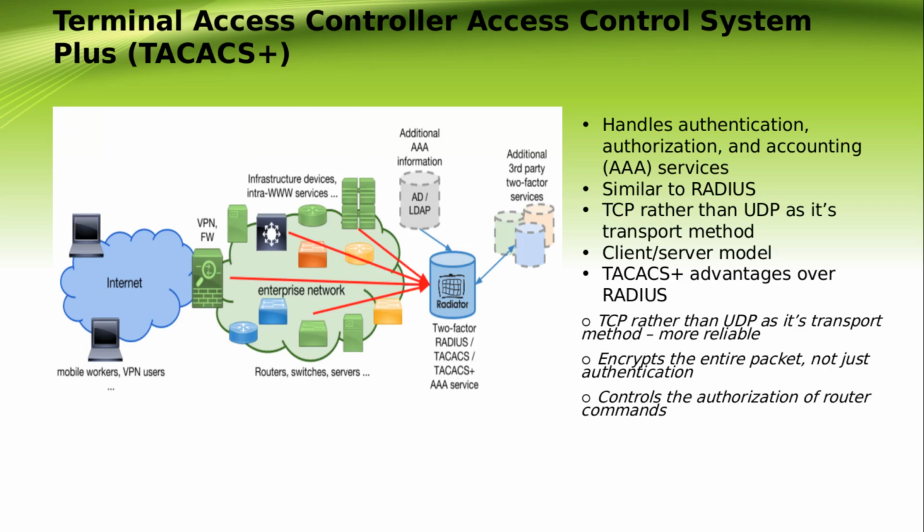There are four main things. First, TACACS Plus tends to be more reliable because it uses TCP instead of UDP. Second, TACACS Plus encrypts the entire body of the packet in the original access request packet. RADIUS encrypts only the password, leaving information such as the username subject to compromise.